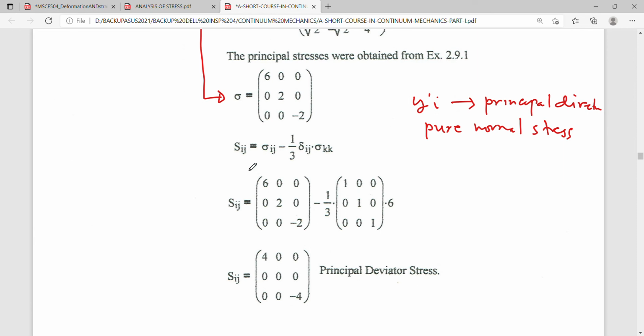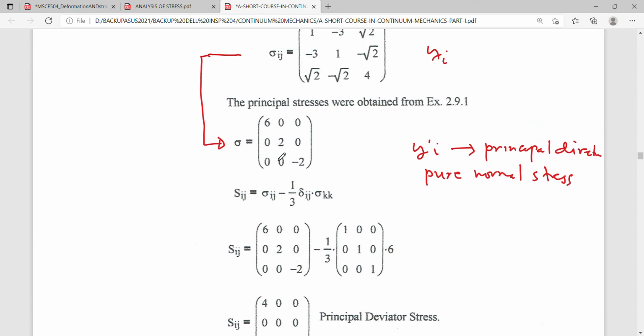So Sij, or the deviatoric part now, will simply be equal to the principal stress tensor minus the volumetric part. The sigma kk here simply refers to the trace, or simply sigma 1 1 plus sigma 2 2 plus sigma 3 3.